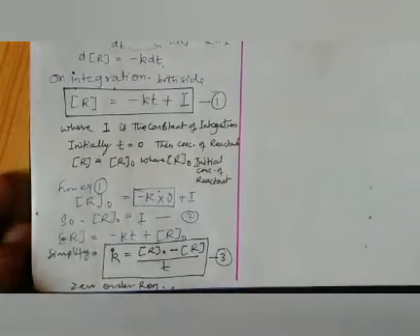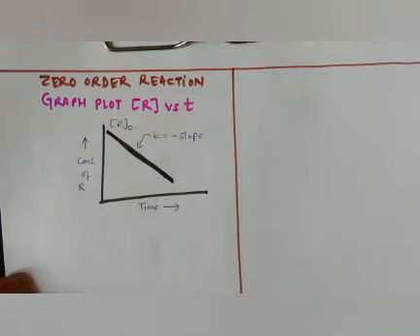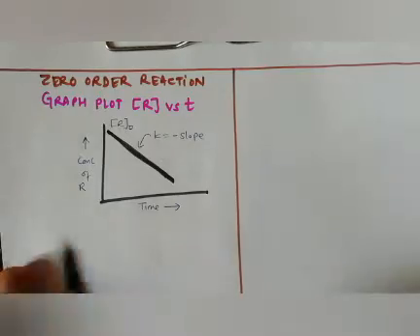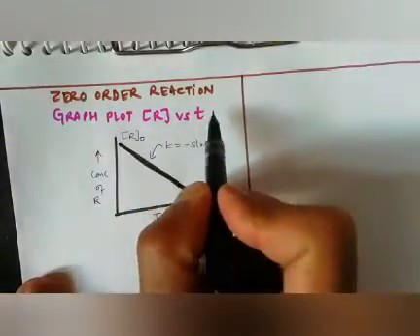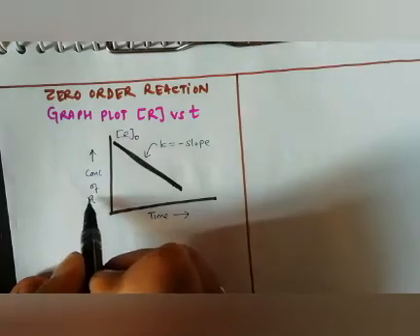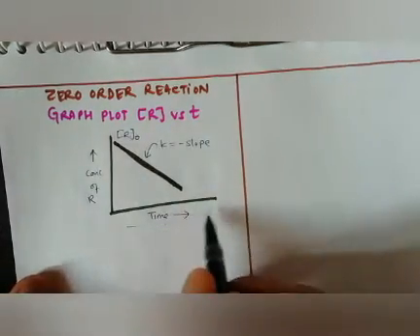Okay. So now if we plot a graph of the molar concentration of reactant against T, this side is the concentration of reactant, and this side it is time.